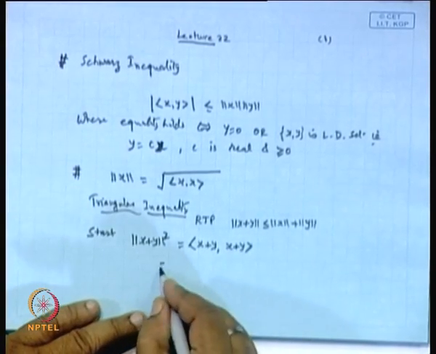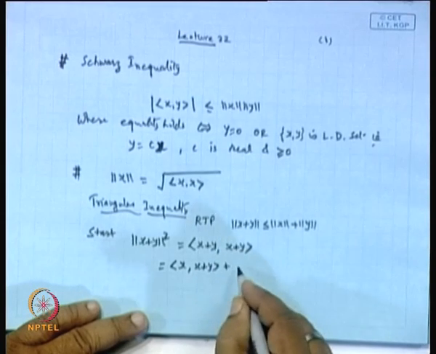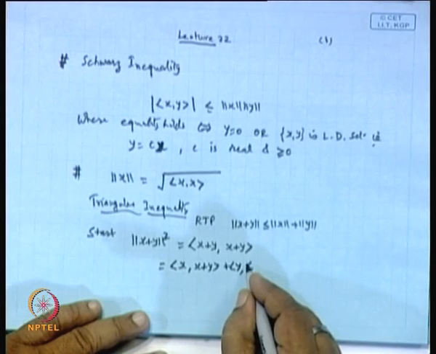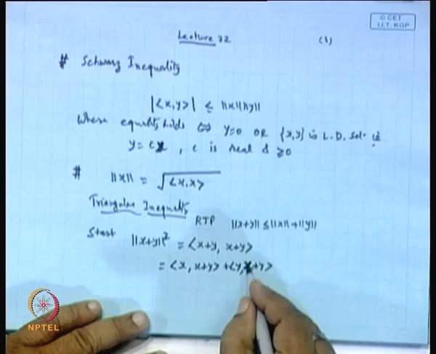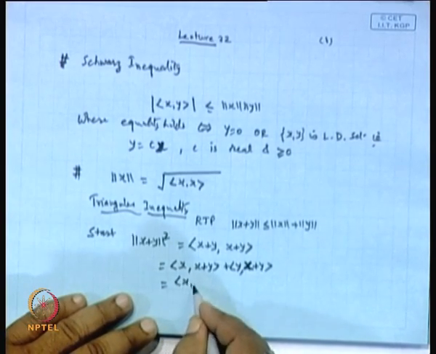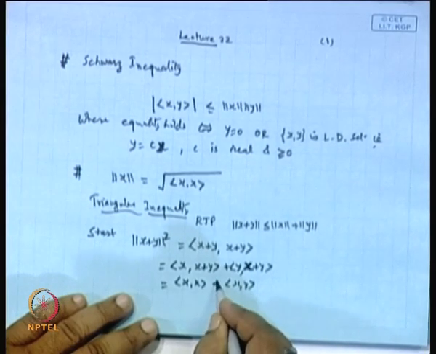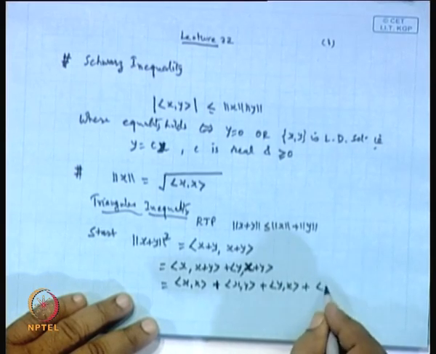We get the inner product of x plus y with x plus y, and this further can be written as the inner product x comma x plus x comma y plus y comma x plus y comma y.